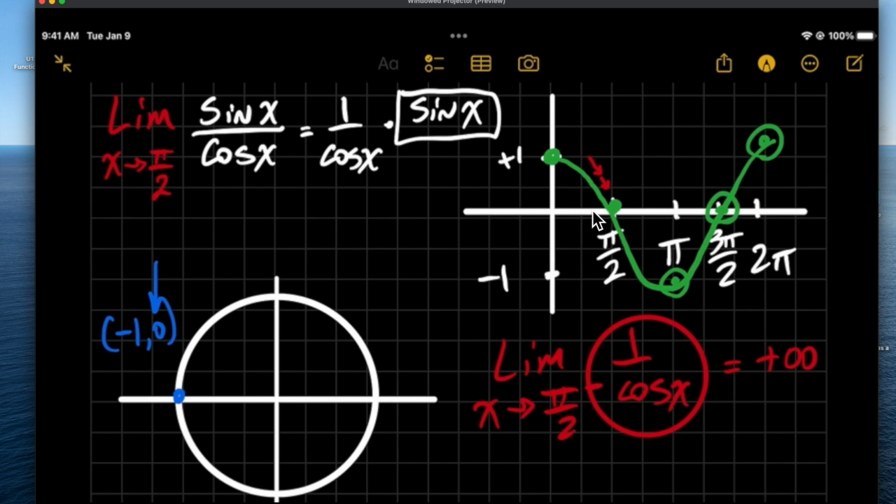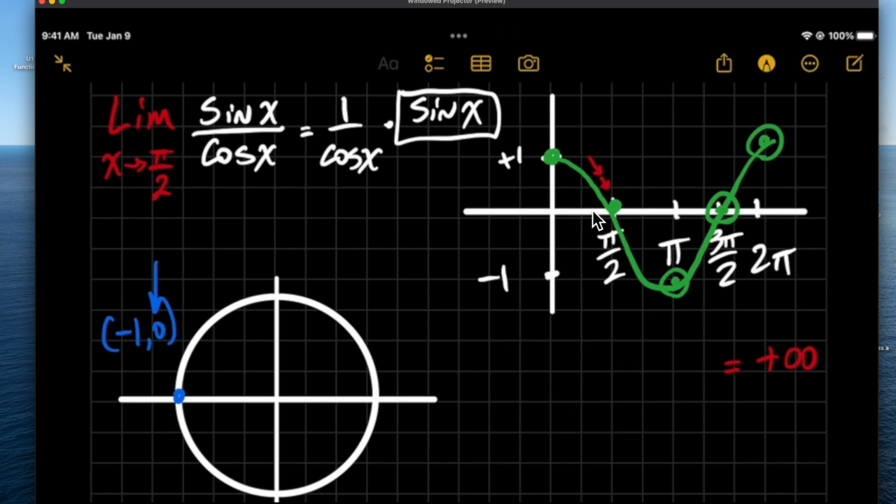Okay, here's what I mean by that. If you have items in the denominator getting smaller and smaller to the point approaching 0, okay, here's 0. You're approaching it from this direction.